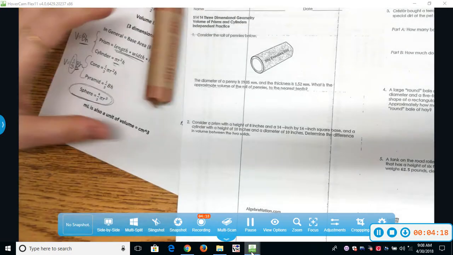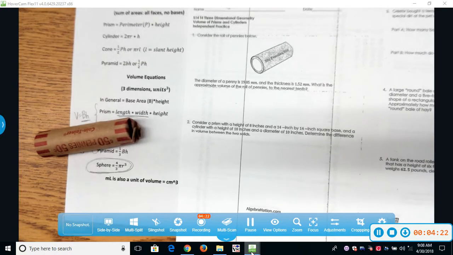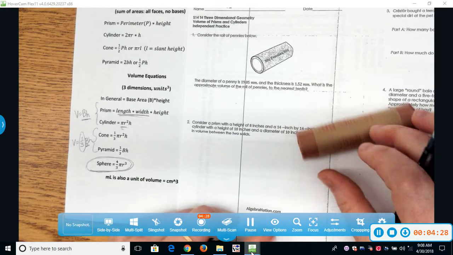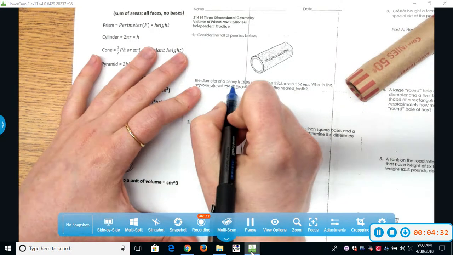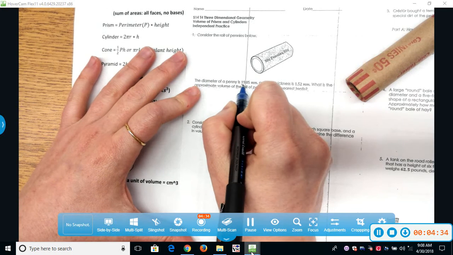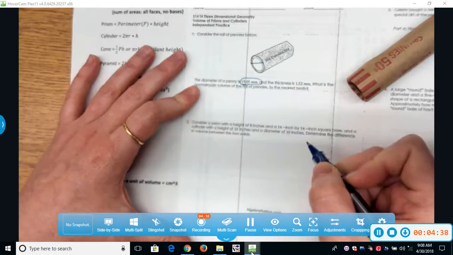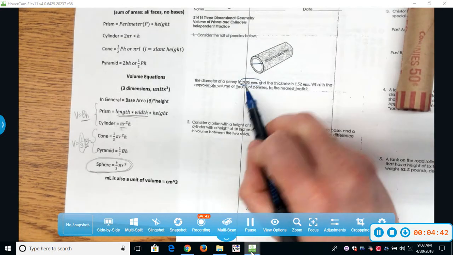So let's jump in. Let's do number 1. You have a roll of pennies. Okay? Roll of pennies. It's a cylinder. It tells you the diameter of a penny is 19.05 millimeters. Okay. 19.05 millimeters.